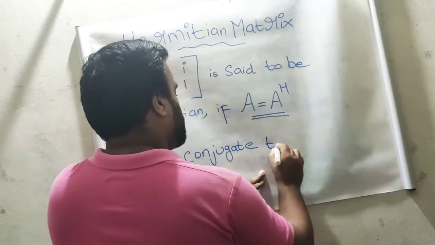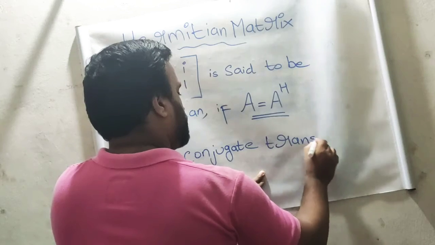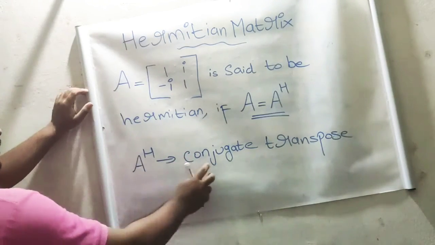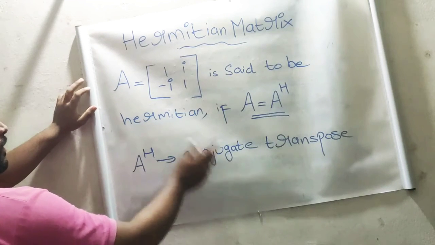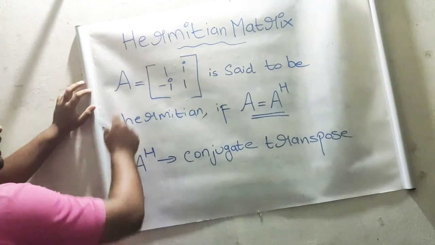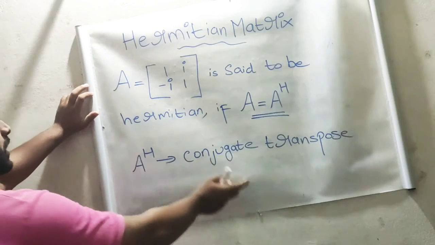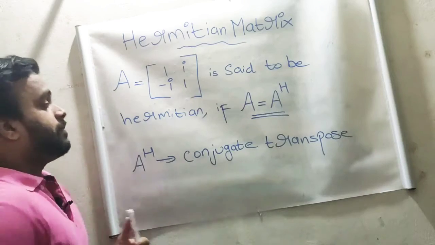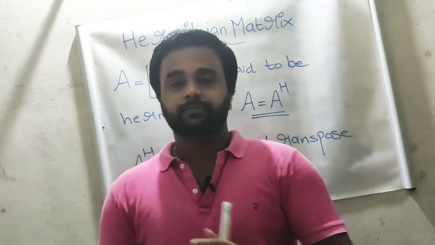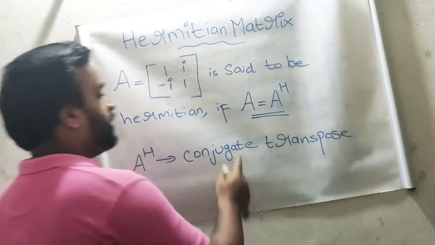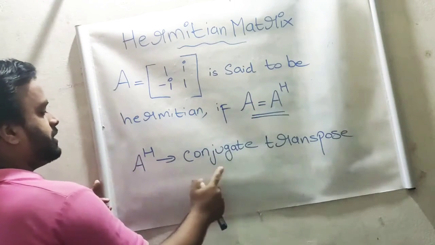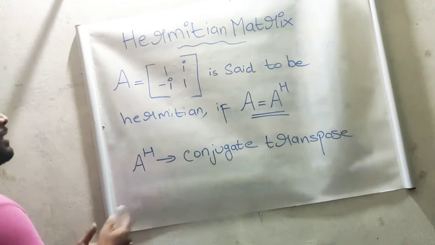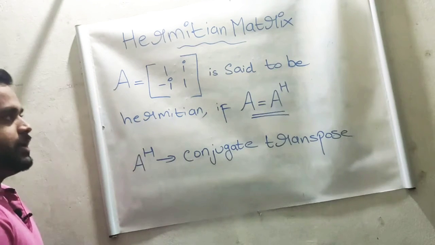AH is the conjugate transpose of this matrix A. So the condition for a matrix to be Hermitian is that the matrix is equal to AH, the conjugate transpose. This is the basic theory behind Hermitian matrix.